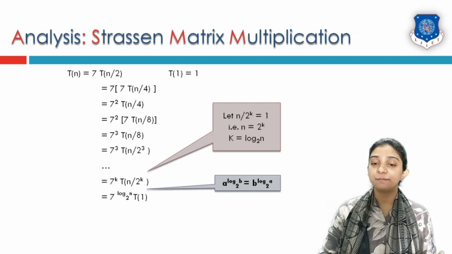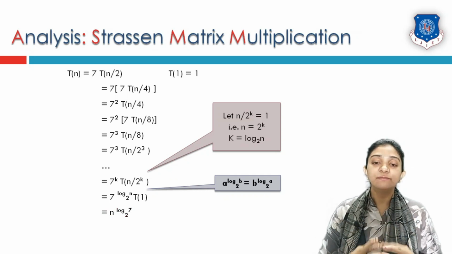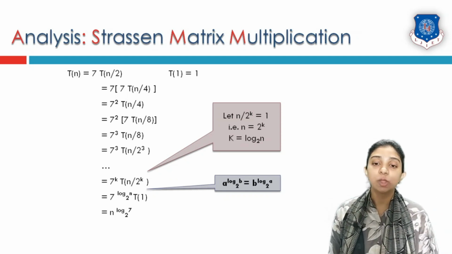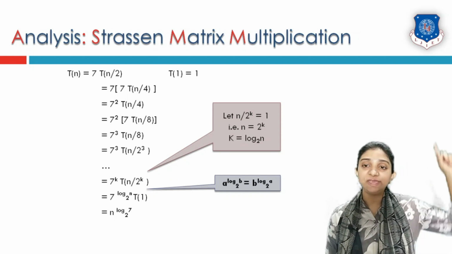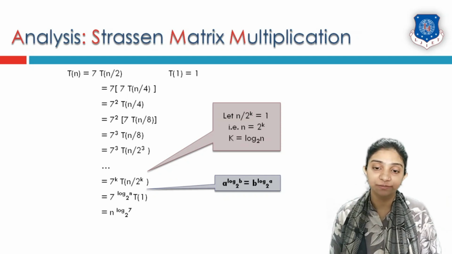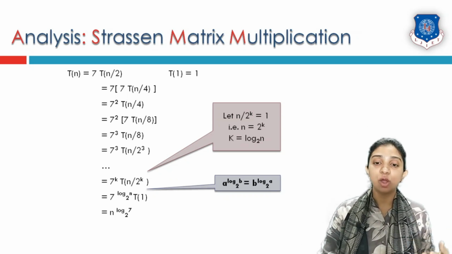So we will swap term 7 and term n. The term will be n raised to log of 7 to the base 2, and T of 1 is equal to 1, as given in our initial condition.